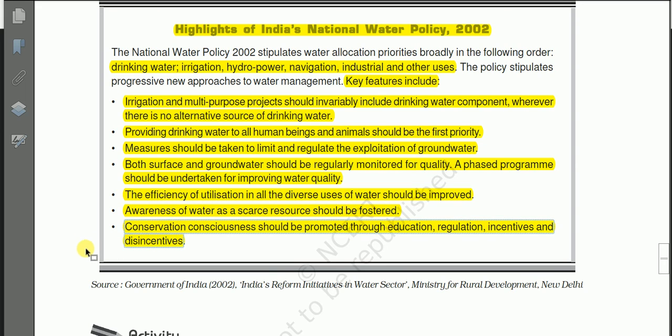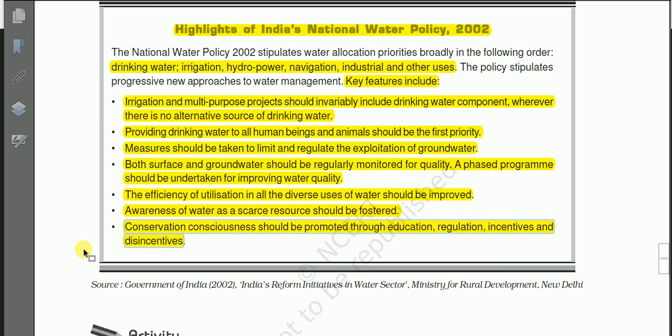Then the last key feature is that conservation consciousness should be promoted through education, regulation, incentives and disincentives. The importance of conservation of water must be taught to the students as well as to the public.